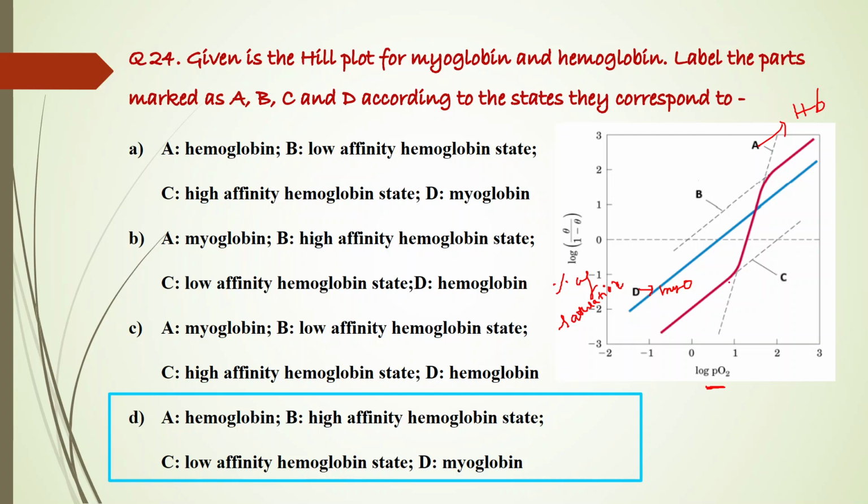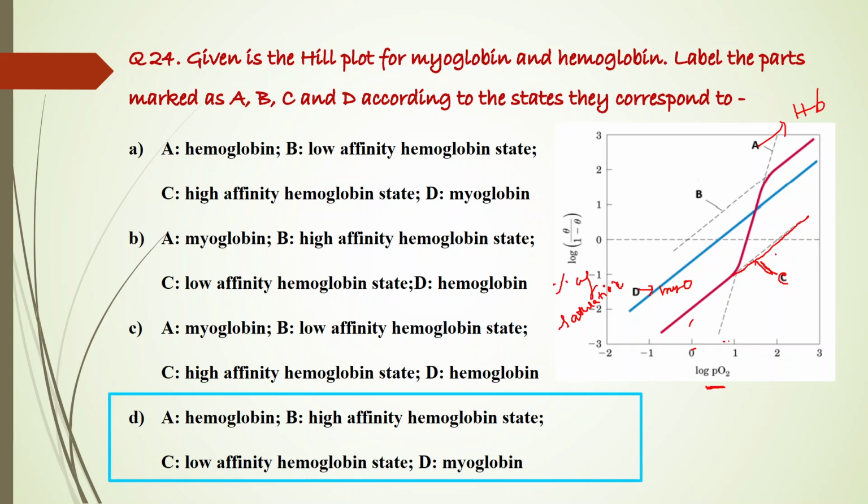Now coming to the different states. What happens when the partial pressure is very low? Here the partial pressure is 0 to 1. This is the extrapolation that is given as C. We can already tell that when the partial pressure is low for hemoglobin, the saturation is also very low.